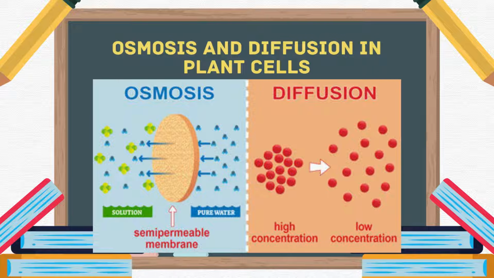Osmosis is where the water molecules pass through a semi-permeable membrane, or a differentially permeable membrane, moving from a high water potential to a low water potential. So the water will always move from a high to a low water potential.